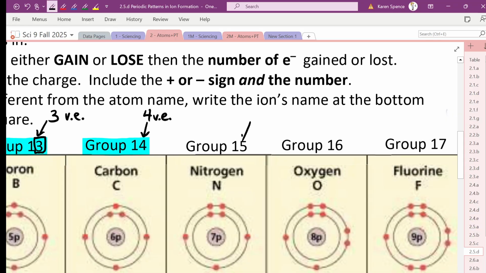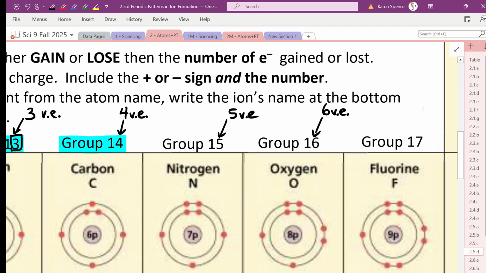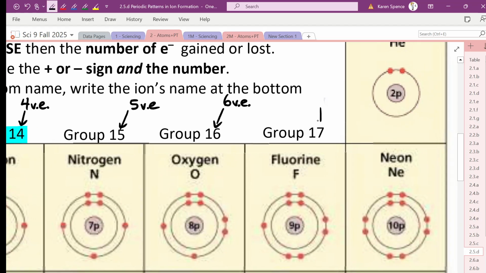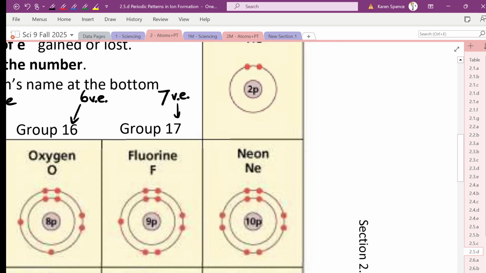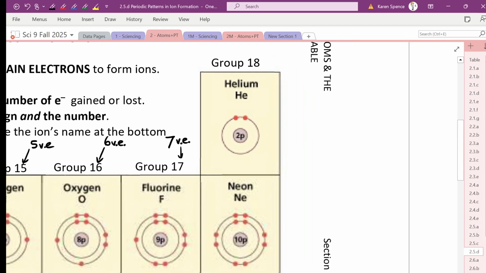Group 15 has 5. 16 has 6. 17 has 7 valence electrons. Now what about group 18? 8, except for helium.